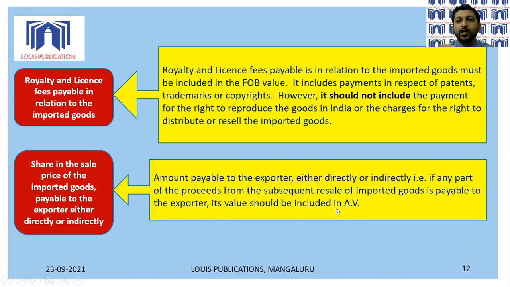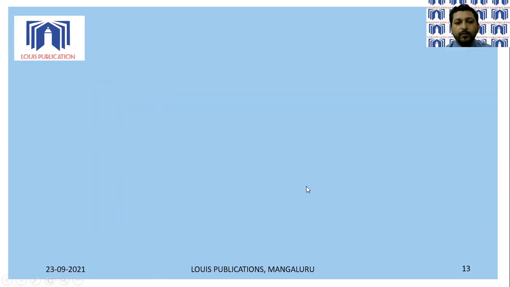So at that time, whatever is the portion of the sale price that the importer has to provide to the exporter, such value will be included in the assessable value. If a portion of the profits, if a portion of the sale price is to be shared with the exporter, then such value must be included in the computation of assessable value.